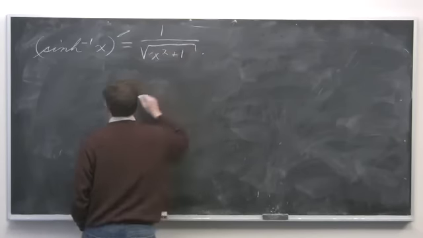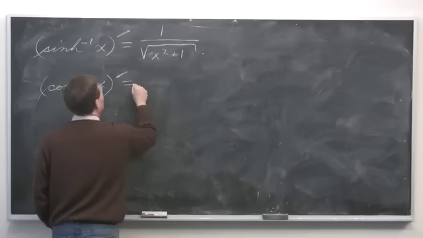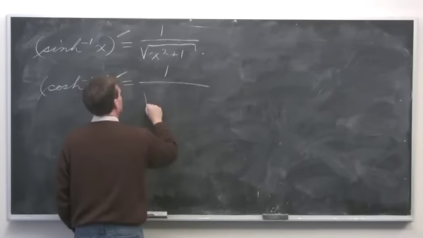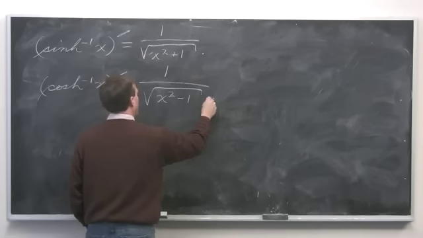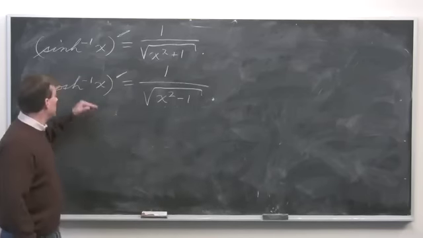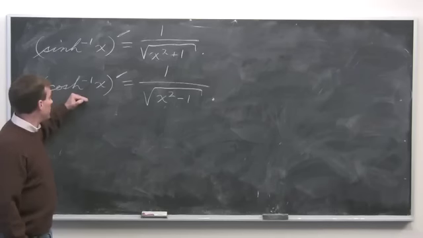So that for hyperbolic cosine, I can write something that looks very analogous. Again, I leave this to you as an exercise, doing essentially the same thing, but having to be a little careful about domains and codomains. You get the derivative of inverse hyperbolic cosine of x is 1 over the square root of x squared minus 1. We haven't done any integration yet, and that should kind of bother you.